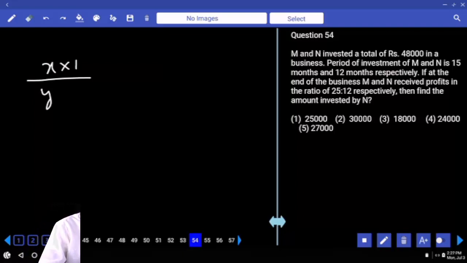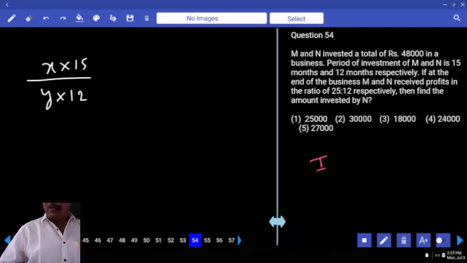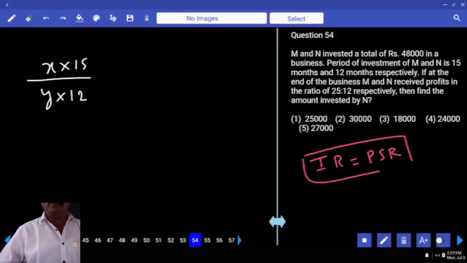Therefore, x into 15 becomes the total investment of M. What is the period of investment of the other person N? 12 months. So y into 12 represents the total investment of N. And what is the concept of the topic? Investment ratio equals profit sharing ratio. Am I right?